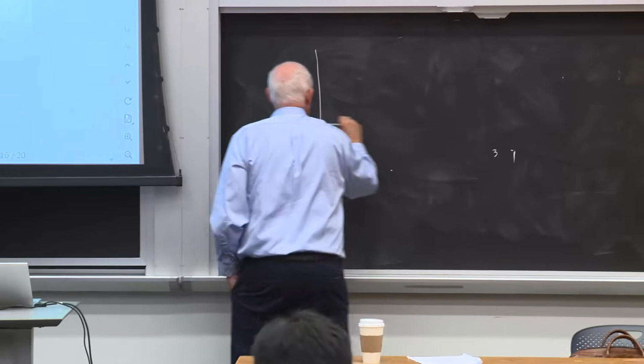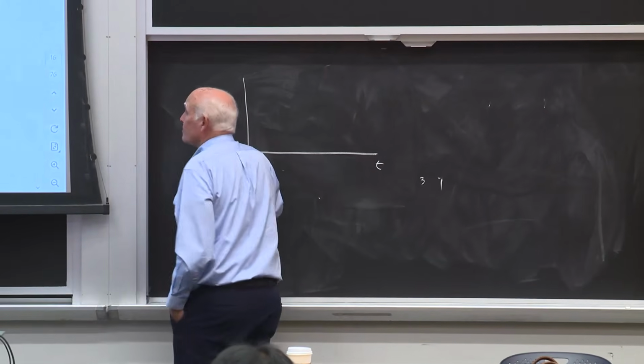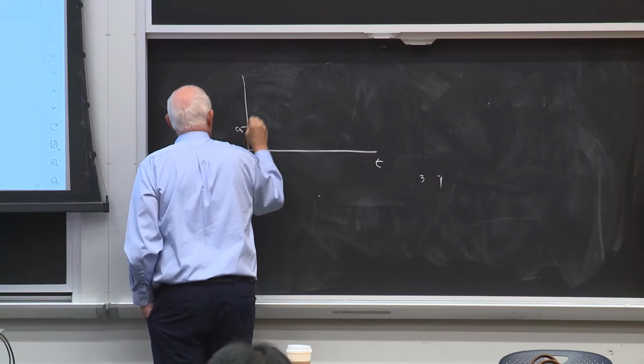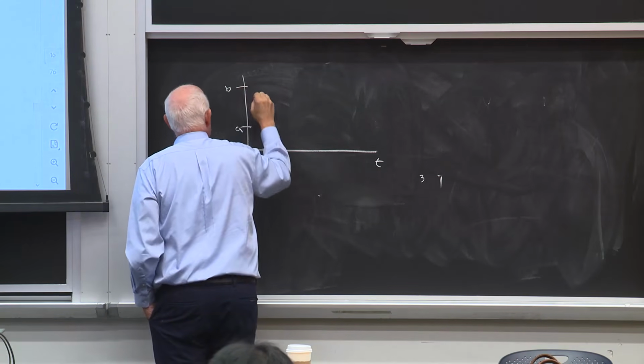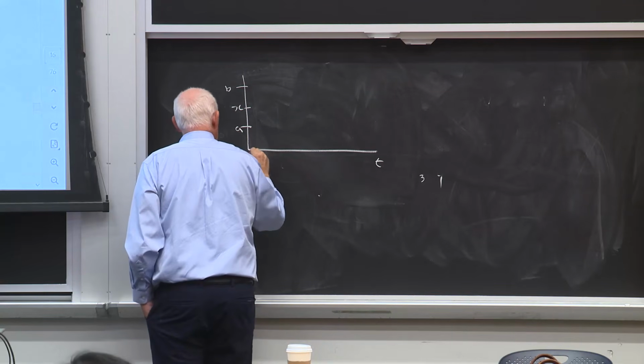So over time t, we have basically levels A and B, and an initial level x at time 0.